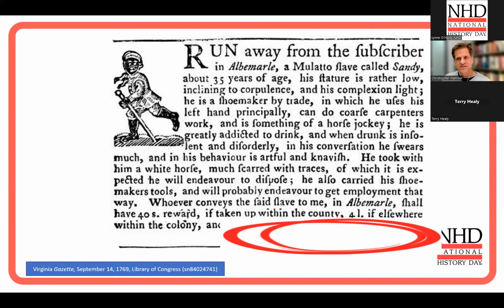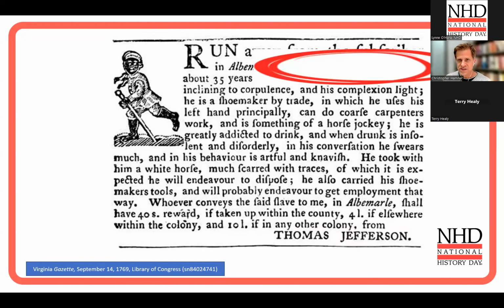That agency is pretty easy to spot, but there's another kind of agency that's visible here. You have to just look and think for it a little bit. And I would say that agency is in Sandy, the enslaved Black man who has run away. Now, Sandy isn't an obvious candidate for agency because he exists in a system that is very explicitly designed to deprive him of agency.